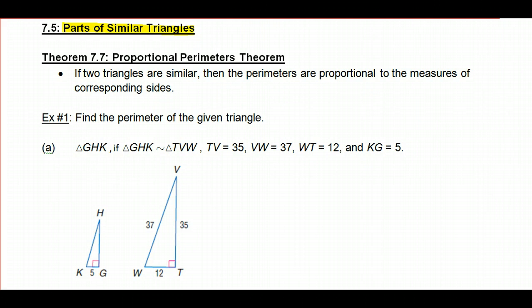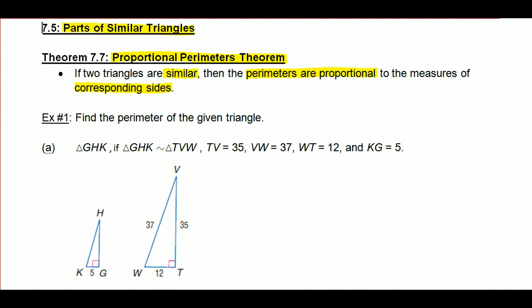So the first thing, we actually addressed this earlier on, I think it was 7.2 maybe, the proportional perimeters theorem. Okay, so if two triangles are similar, then the perimeters are proportional to the measures of the corresponding sides.